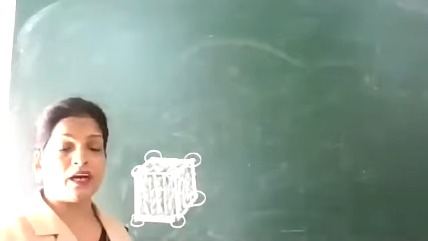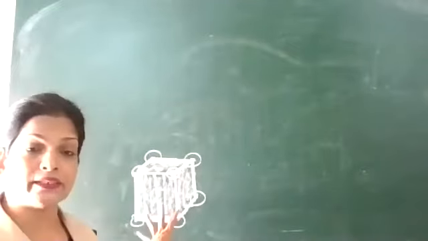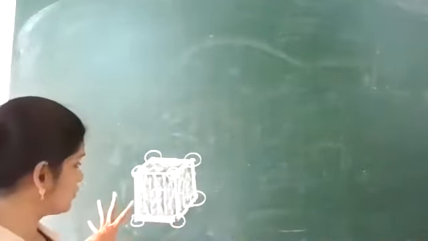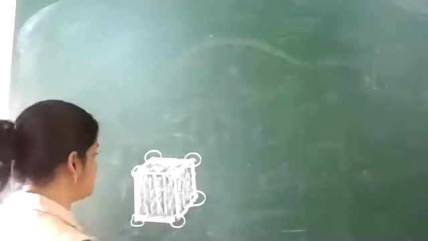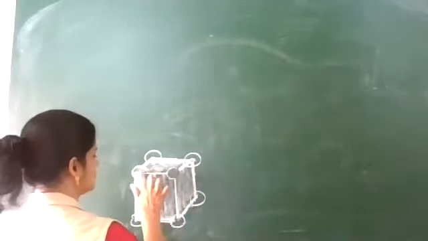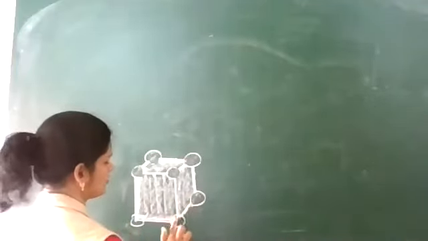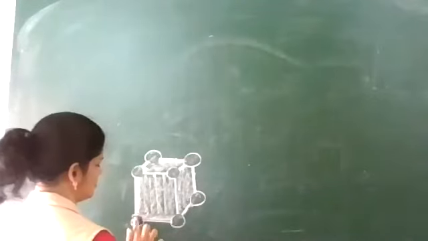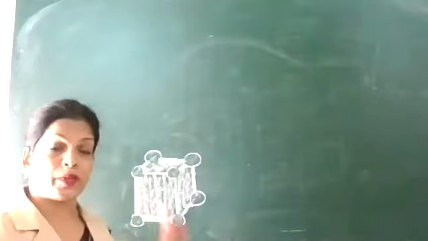When the atoms are present only at the corners, 8 corners are there, front 4 corners, back 4 corners, so this is primitive.